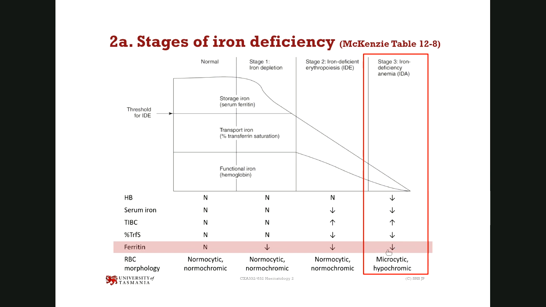And ferritin is highlighted here because you can see that the only test that is affected in these earlier stages is actually the serum ferritin. So in stage 1, we're able to detect that iron stores are getting low and therefore the person is in a negative iron balance.